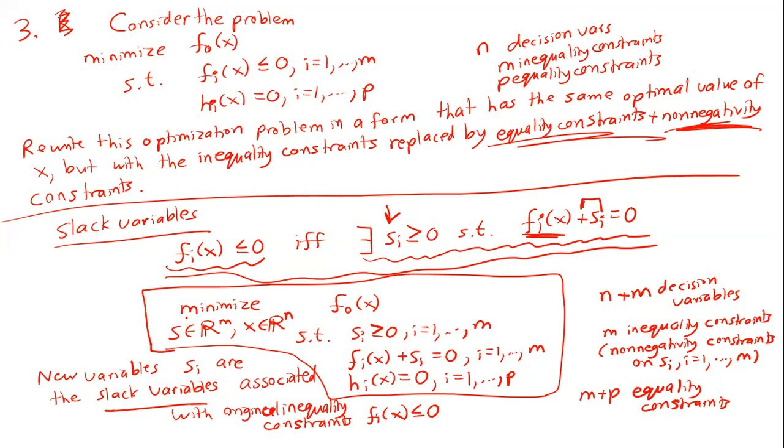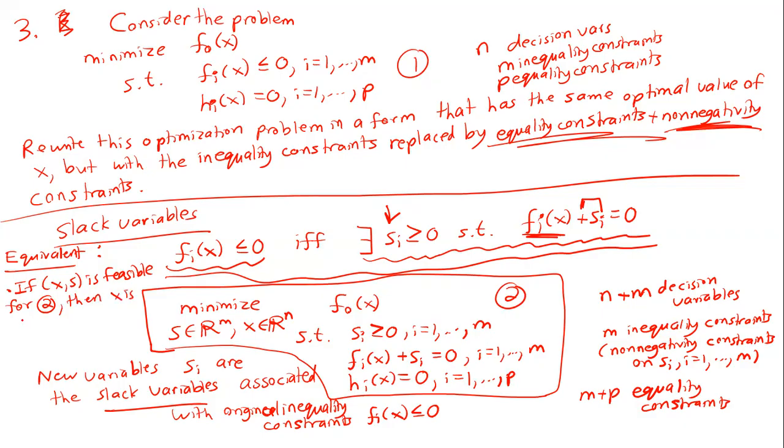Let's just make a few comments. These two problems are actually equivalent in the following sense. They are equivalent in a number of ways. For example, if x and s is feasible for 2, we call these 1 and 2 for a minute, then x is feasible for 1.